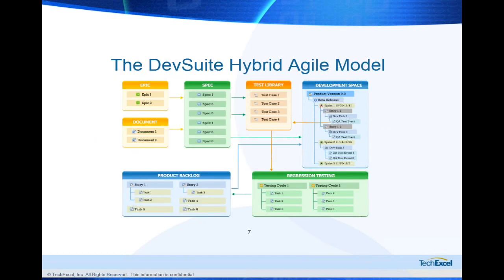And this is another picture showing you the hybrid agile model inside DevSuite, where requirements are managed via epic, document epic, and spec as the normalized layer of quantified requirements. Specs can be assigned to a development sprint, creating the stories.